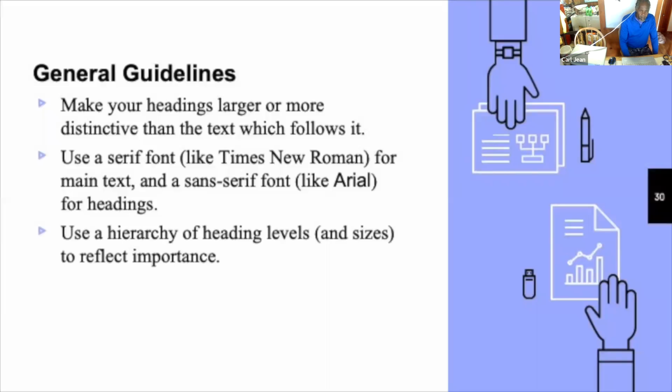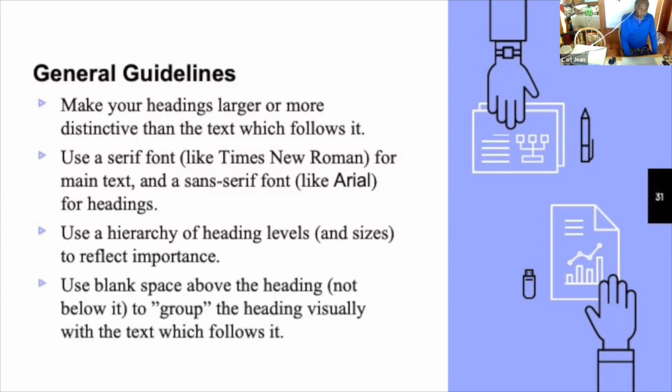If you have a main heading for a section and then 2 or 3 subheadings inside that section, the main heading should be larger than the subheadings. And you also generally want more blank space above a heading than below it, as we've already talked about, in order to group the heading visually with the text which it's introducing. Those are all good principles that you should consider whenever you're making headings.